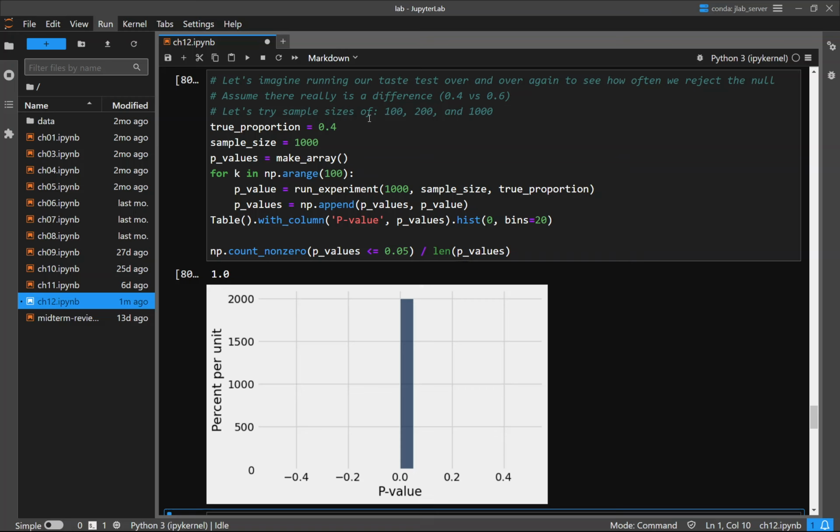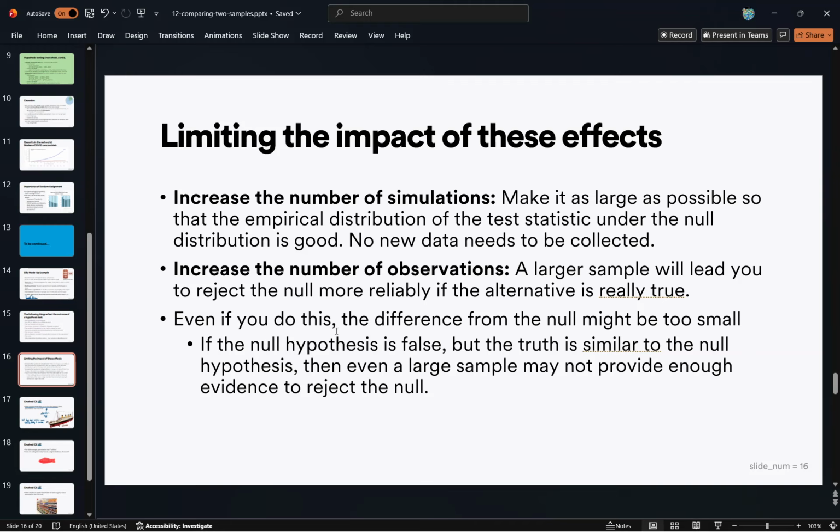Okay? That's all I'm trying to say. These graphs are a little bit hard to explain, but I hope that makes a little bit of sense. It's very unlikely to notice a difference even when your sample size is large, but the larger your sample size, you will more often notice the difference.